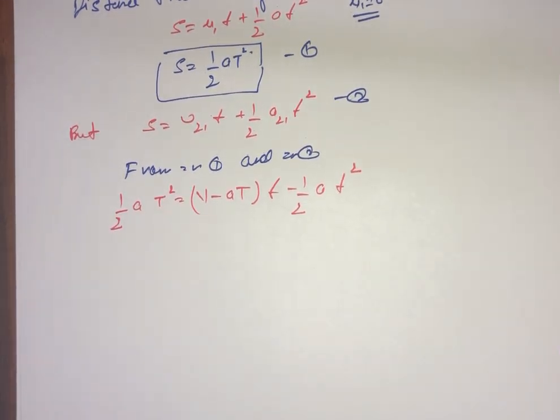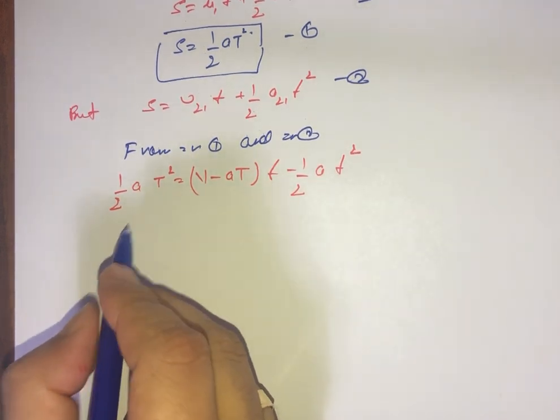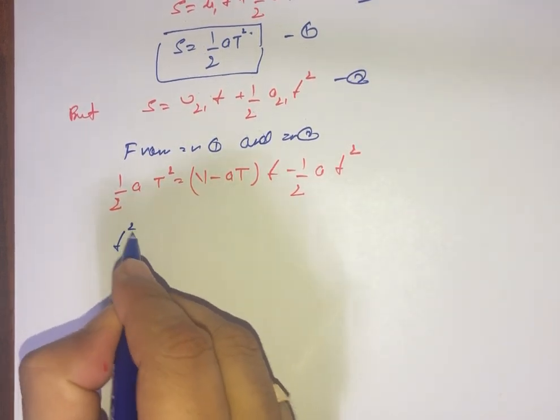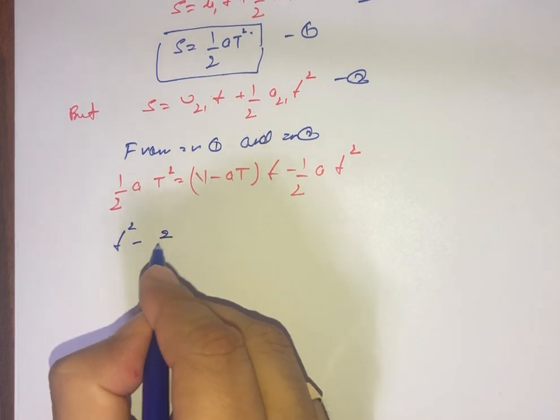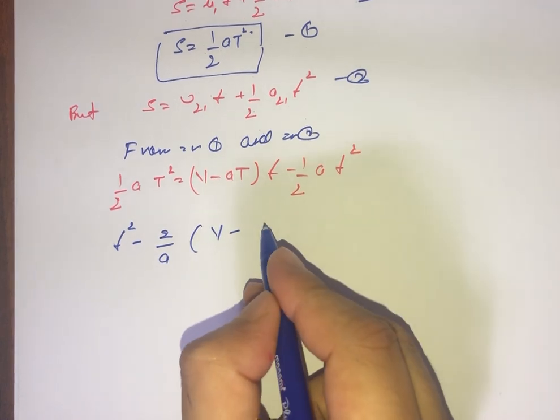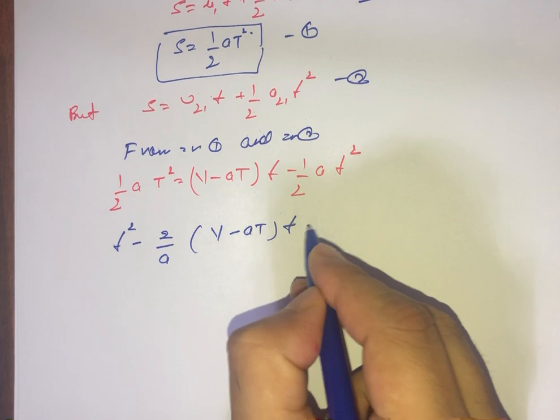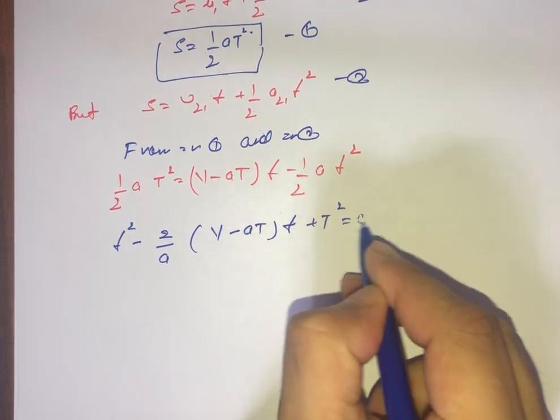So we can make this equation a quadratic in small t. We write t square minus 2 over a, (V minus aT) multiplied by small t, plus T square is equal to 0.